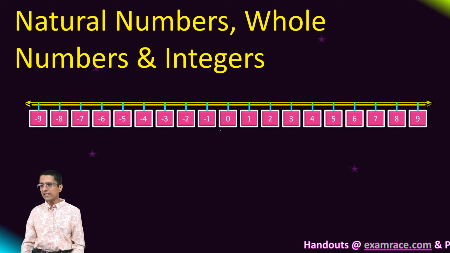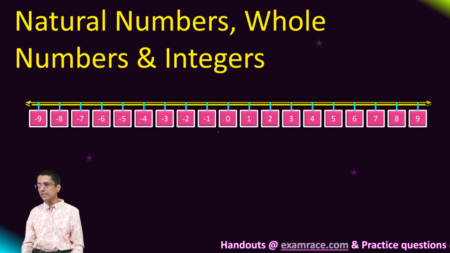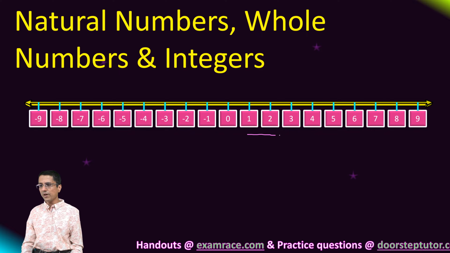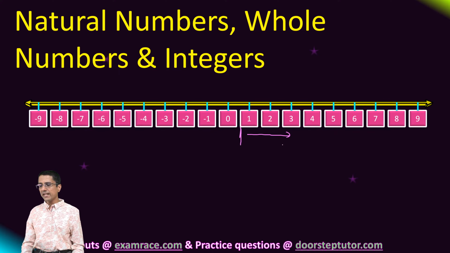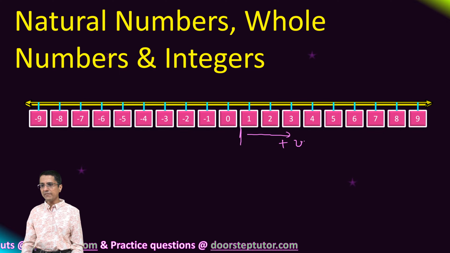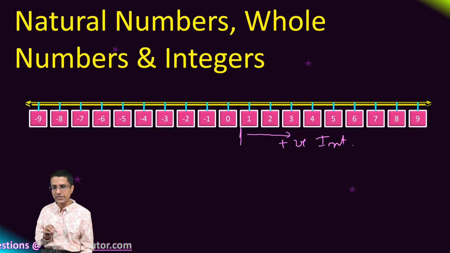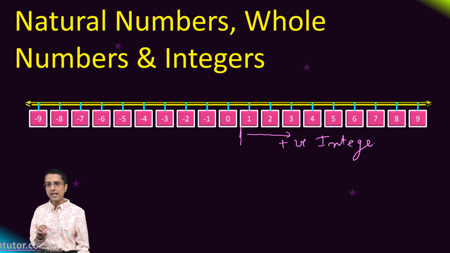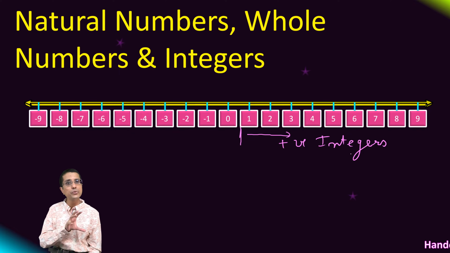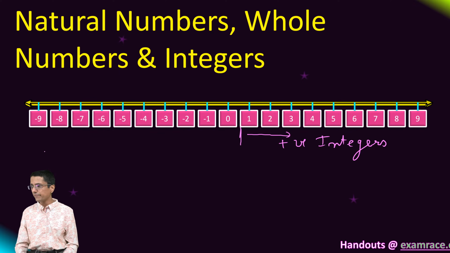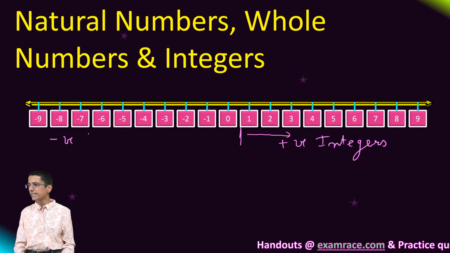The second kind of classification that we can do for this number line is that starting from 1, we have positive integers. We should remember both of these classifications because both terms are actually used in your questions as well. These are basic terms.